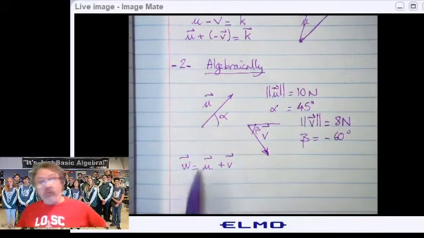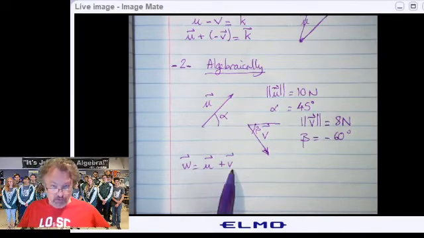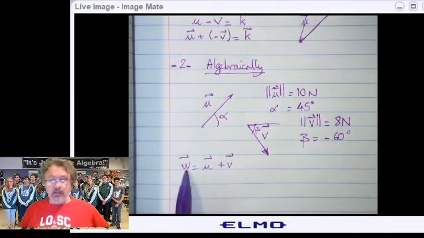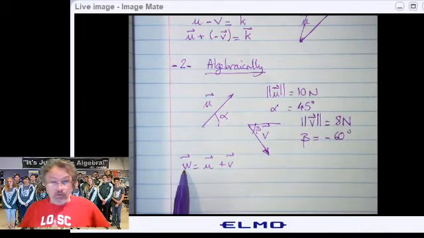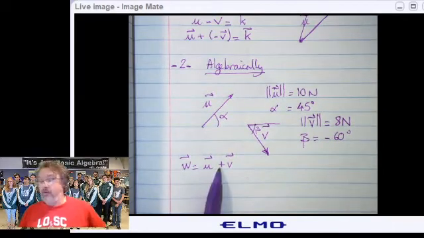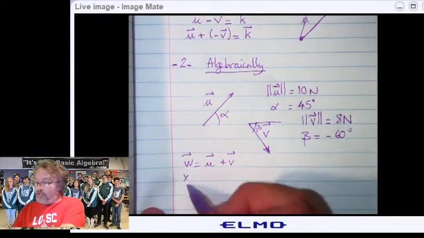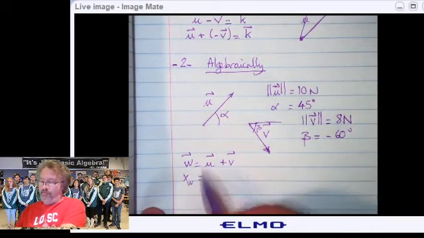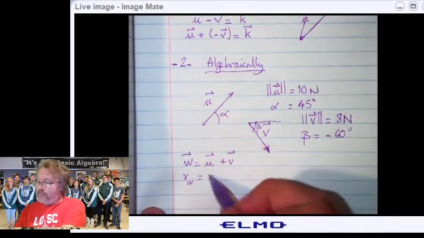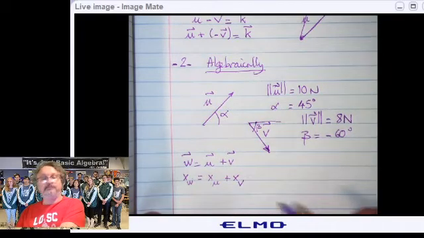Well, what's interesting about vectors is that this one equation right here can be transformed into two equations involving components if you're dealing with two-dimensional problems, or three equations. Let me write those equations. We can say that the x-component of the vector w will be the x-component of the vector u plus the x-component of the vector v.